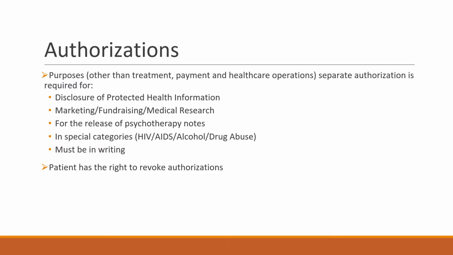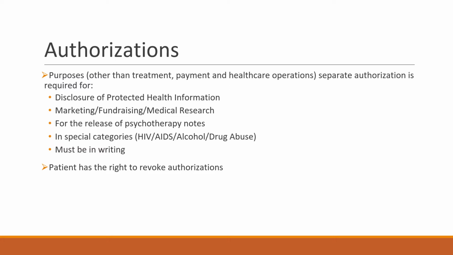When you are disclosing information for marketing, fundraising, and medical research, for the release of psychotherapy notes, and in special categories such as HIV/AIDS, alcohol, drug abuse, or substance use disorder records. When you are dealing with any of these categories, you must have the patient sign an authorization or release of information. The special categories, when you are looking into those, these special categories are considered highly confidential categories.